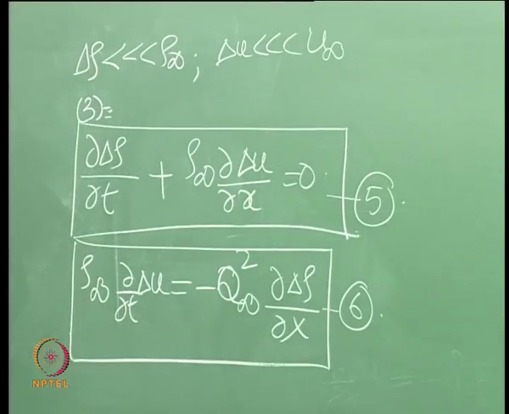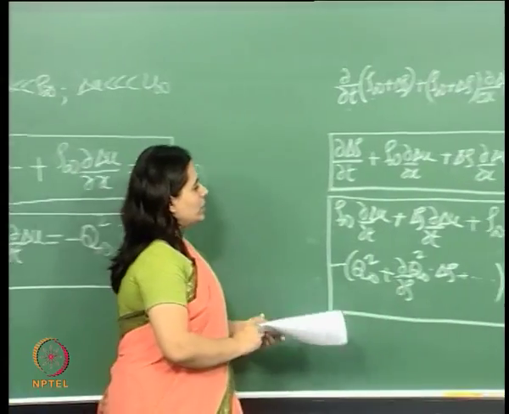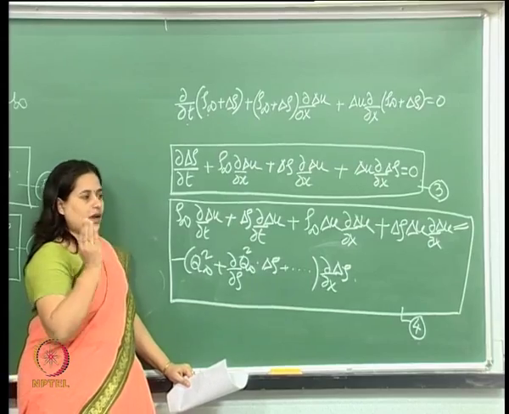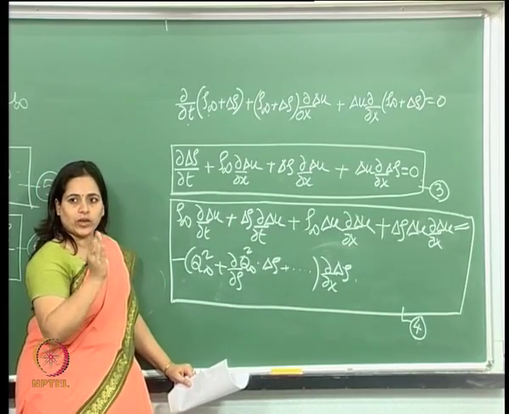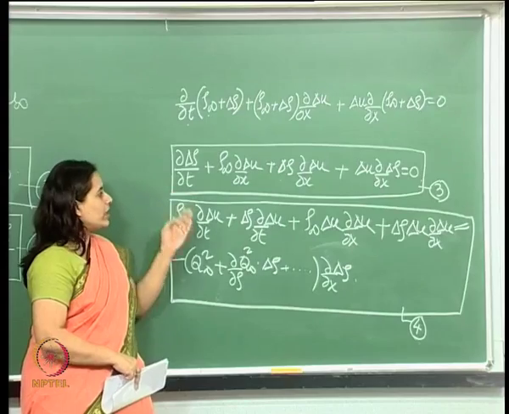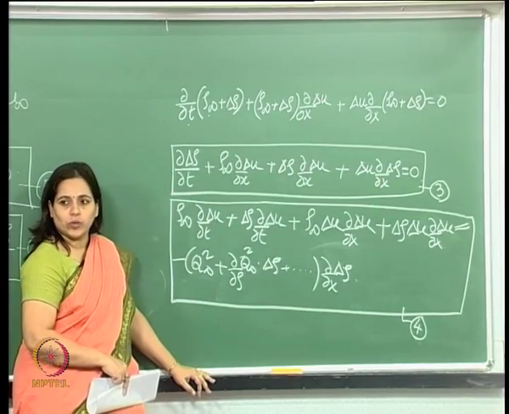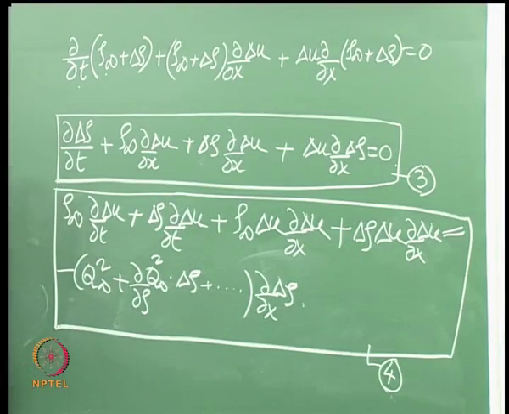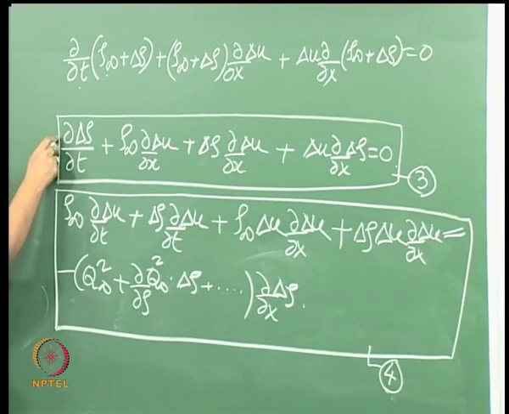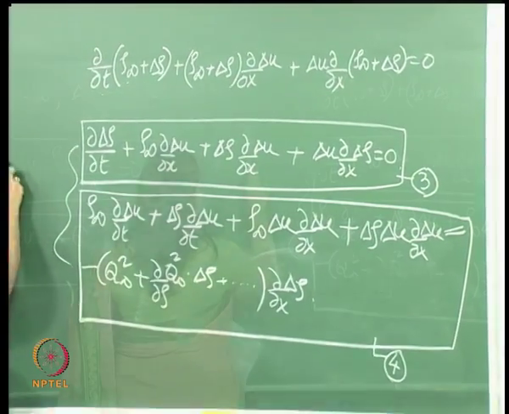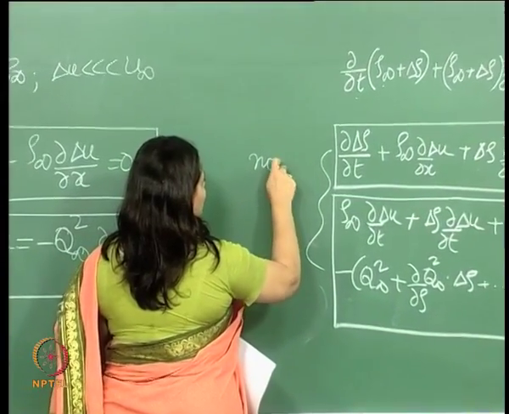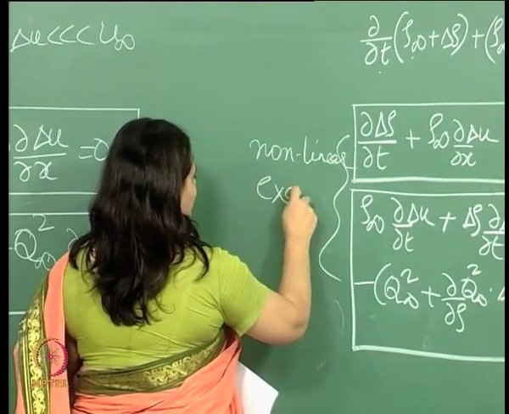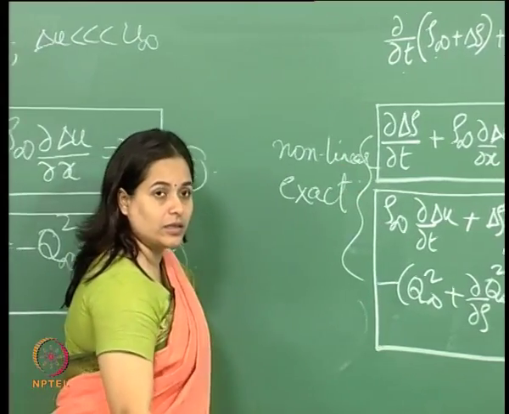Now, these equations, equation 3 and equation 4, are exact equations. This is exactly the governing equation. We put in our requirements. So, these are two exact equations, and hopefully you can see that these are nonlinear as well. So, 3 and 4 are essentially nonlinear and exact, right.